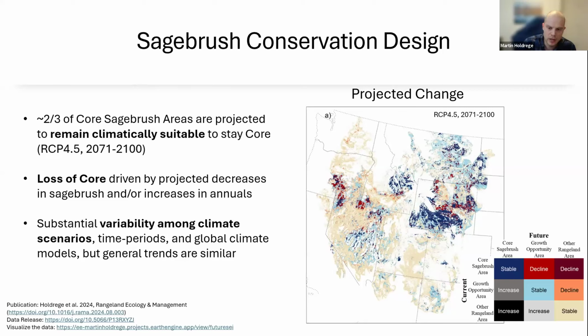And then places where we are projecting losses, those losses are mainly due to us simulating less sagebrush in the future or more annuals. And this map here is just an illustration of one climate scenario, but we had quite a bit of variability among different climate futures, but the overall patterns and general trends were consistent.